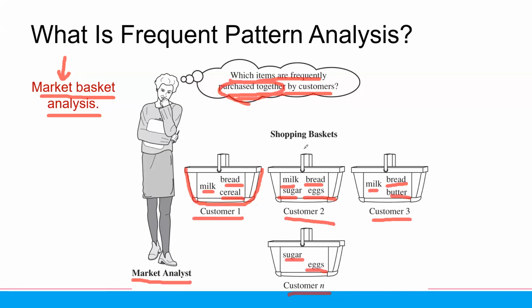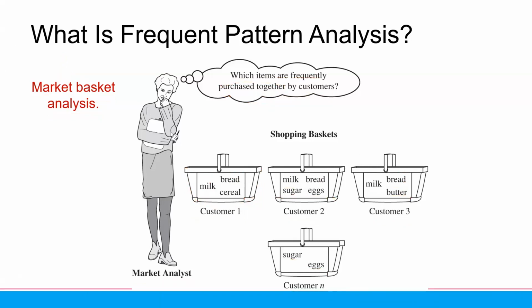If you look at this, maybe it is easy to see that milk and bread appear in 3 customers. But if there are 100 customers, or 1 million customers, then you need to learn some techniques to get the numbers.